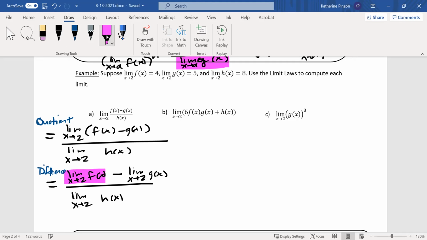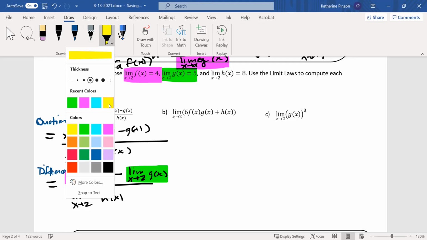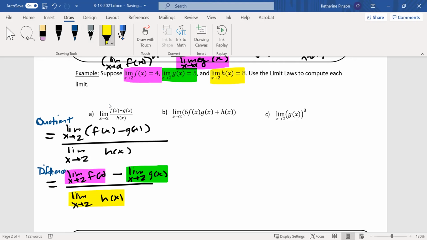They told me that this limit is 4. They told me that this limit is 5. And that this limit is 8. So I'm going to say 4 minus 5 divided by 8, or -1 over 8. And that's my answer.